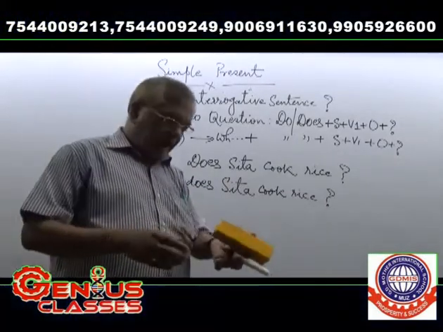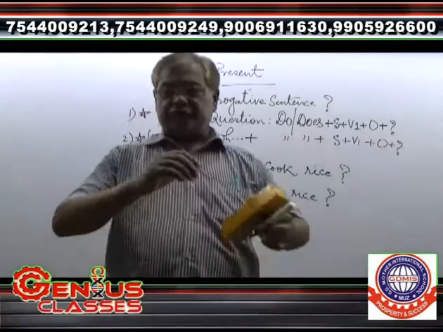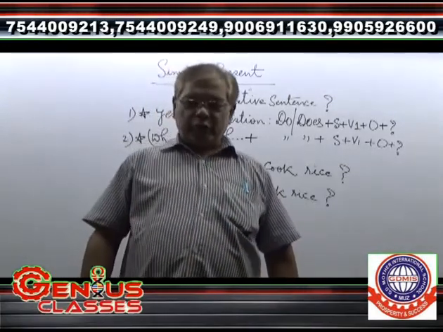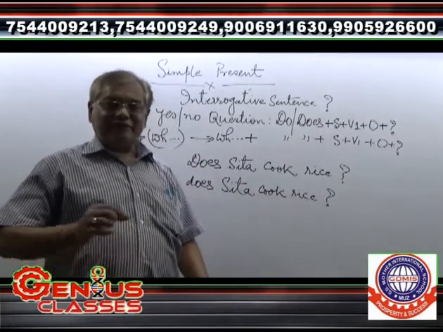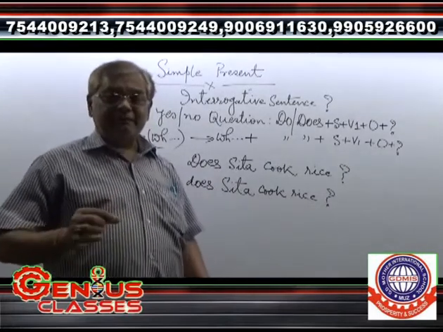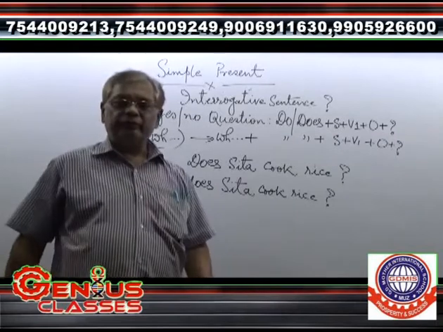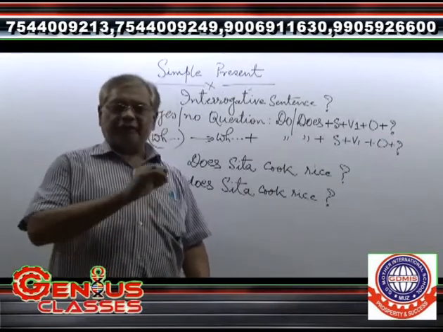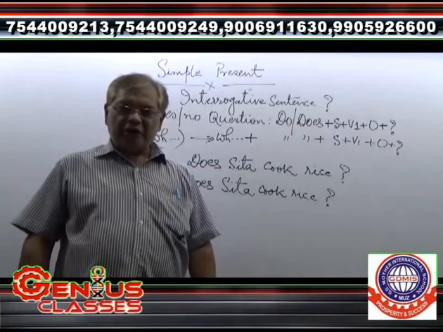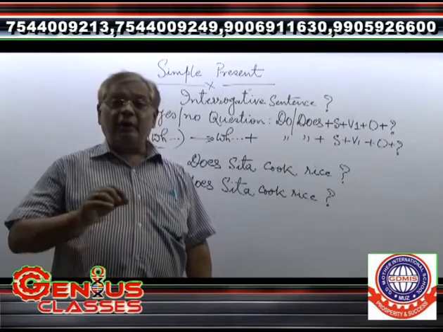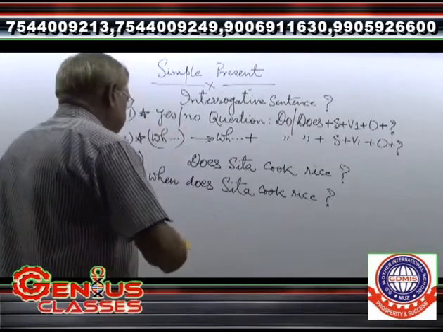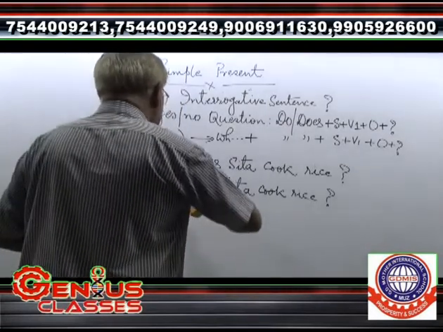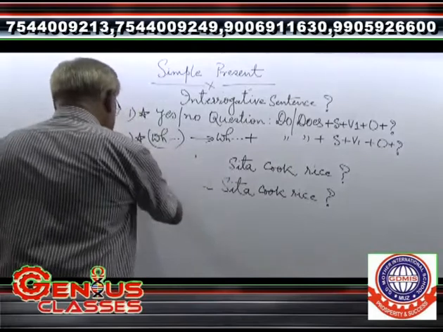Now, there are some special words also through which we shall identify that this sentence actually belongs to the simple present tense. And those words are known as adverb of time. So that also we have to write over here.